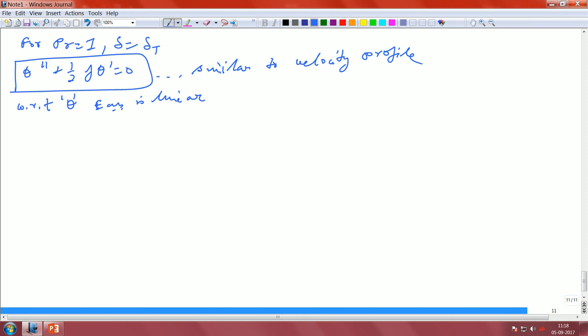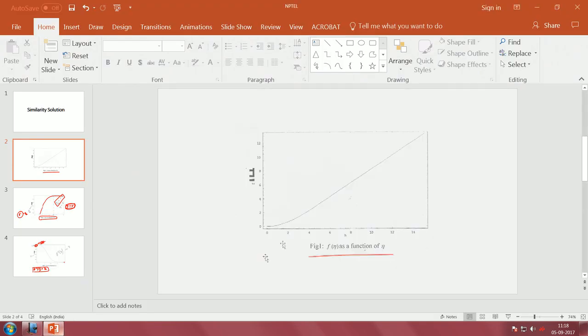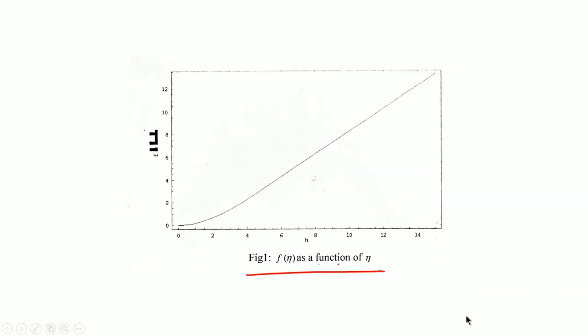That means you still need to solve the momentum equation in order to make any guess. So, that is why this f becomes very important, which I kept aside and did not show. This is the solution for f, and how it actually varies with eta.